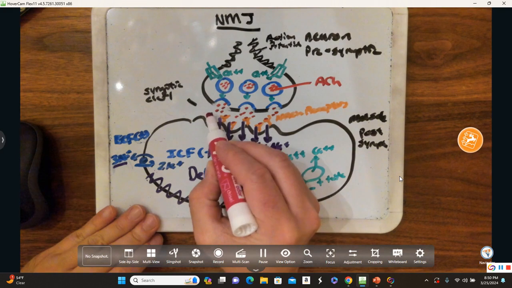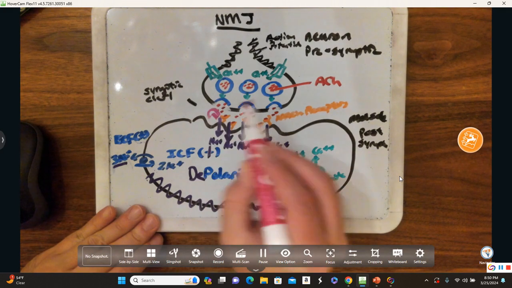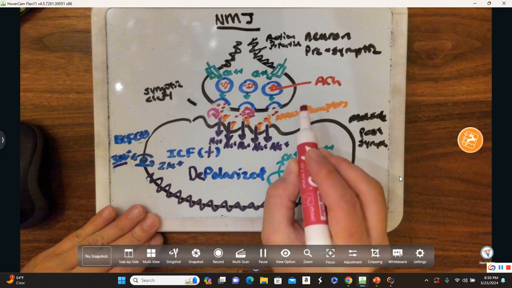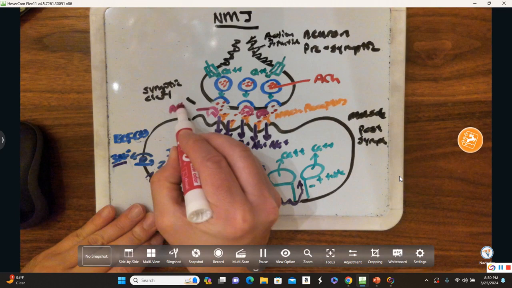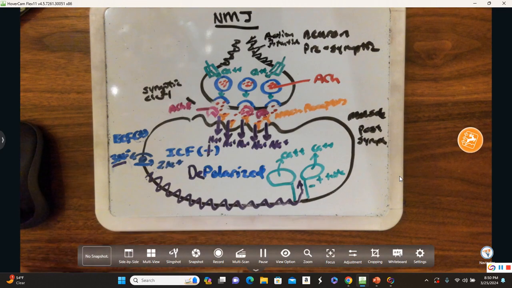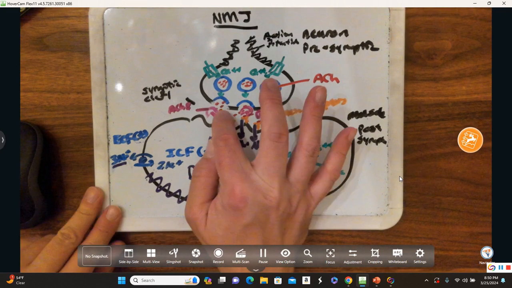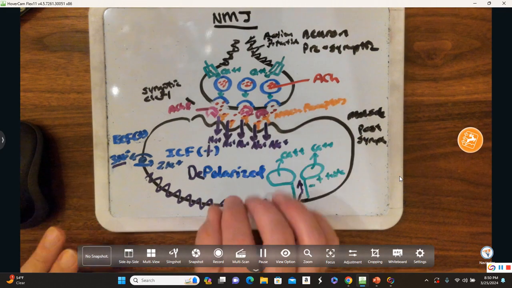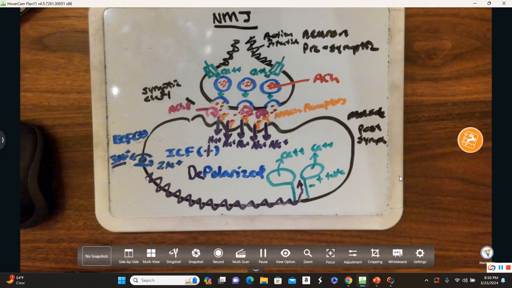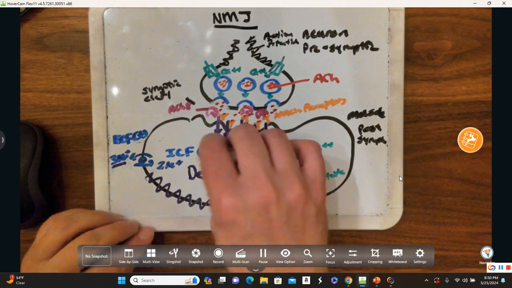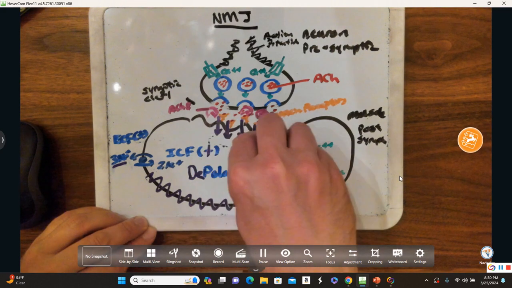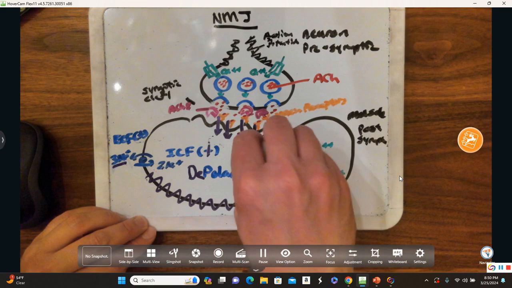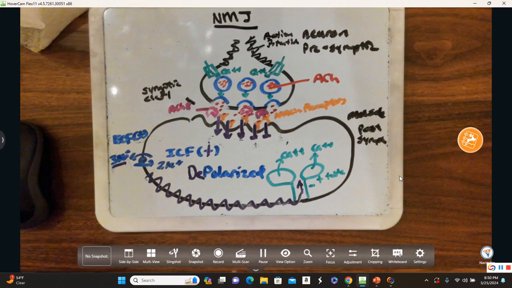And this enzyme is acetylcholinesterase, AChE. What acetylcholinesterase does is it gobbles up all these acetylcholine molecules, and we stop bringing sodium in.